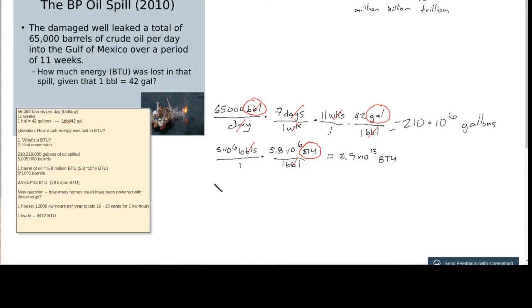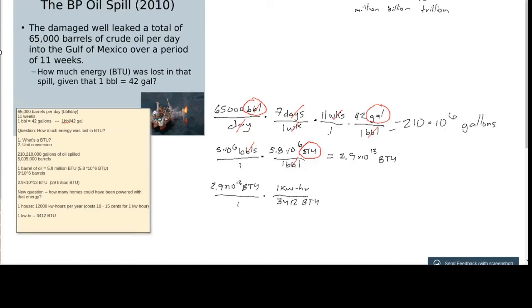So 29 trillion, 2.9 times 10 to the 13 BTU. And I want to convert that to kilowatt hours. So a kilowatt hour is 3,412 BTU. So 1 kilowatt hour divided by 3,412 BTU.